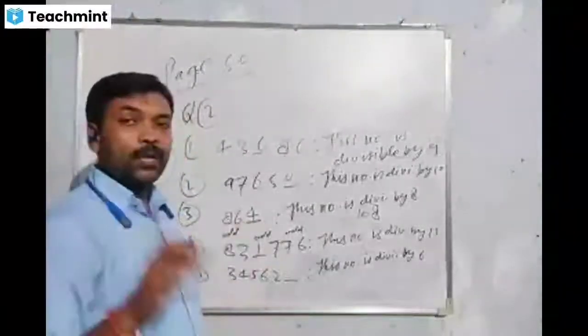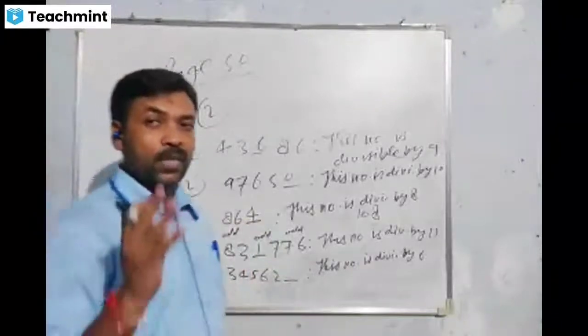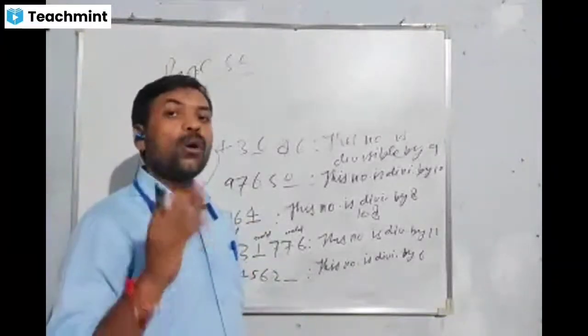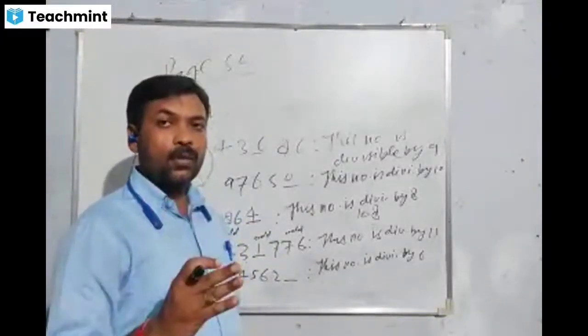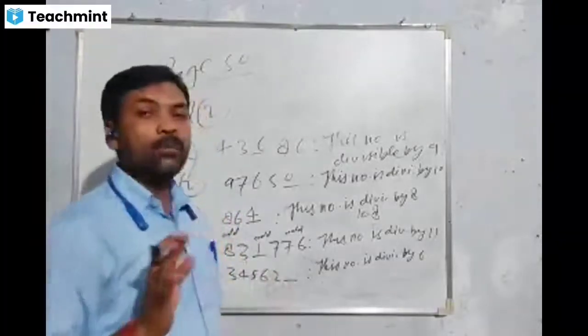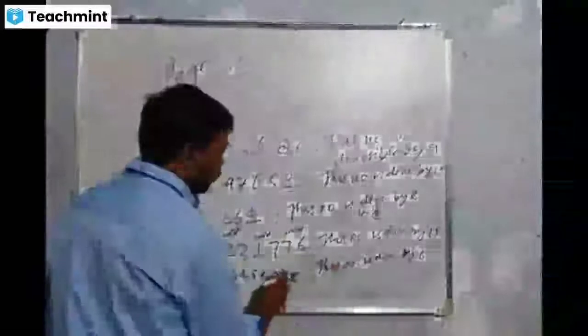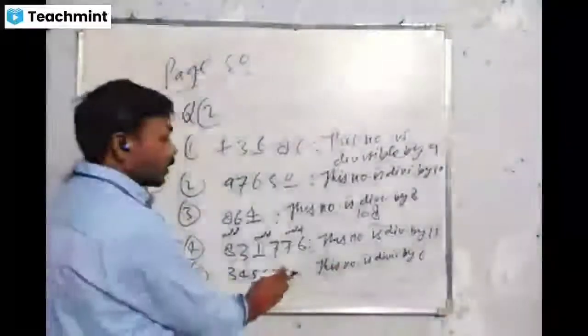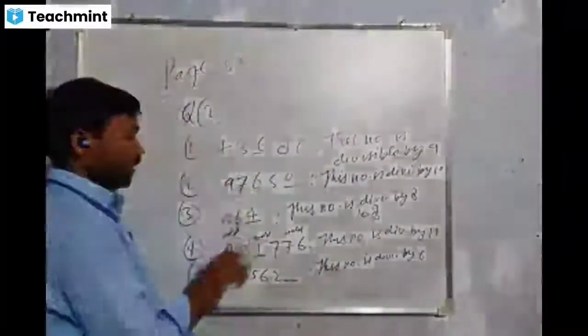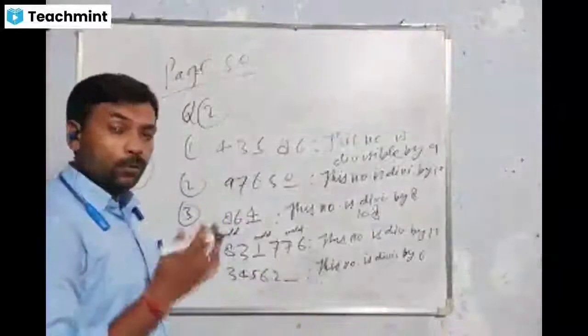So for the test of divisibility by 2, you know that if the ones place is 0, 2, 4, 6 or 8, then the number is divisible by 2. So if we put 0 here, the number will be divisible by 2.